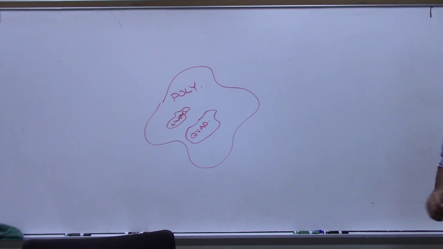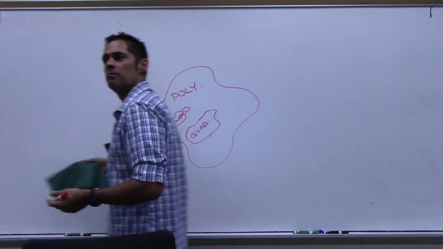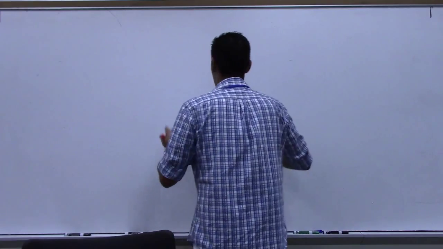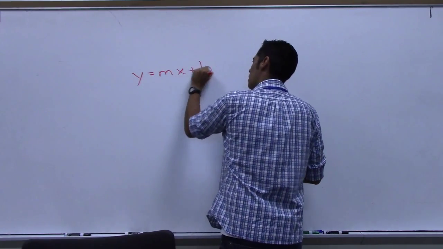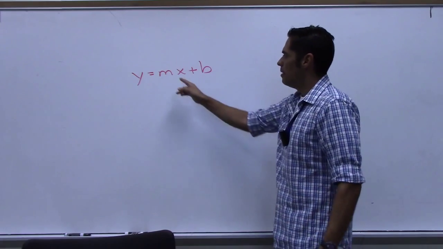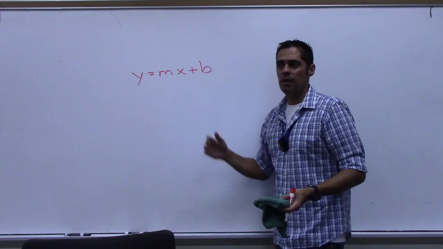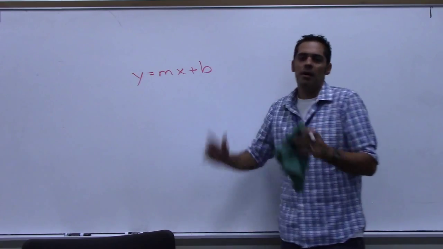But mx plus b is just a first degree polynomial function, isn't it? Y equals mx plus b was a line. The m was a number. The b was a number, wasn't it? And with lines, we gave them special letters, m for slope and b for y-intercept.